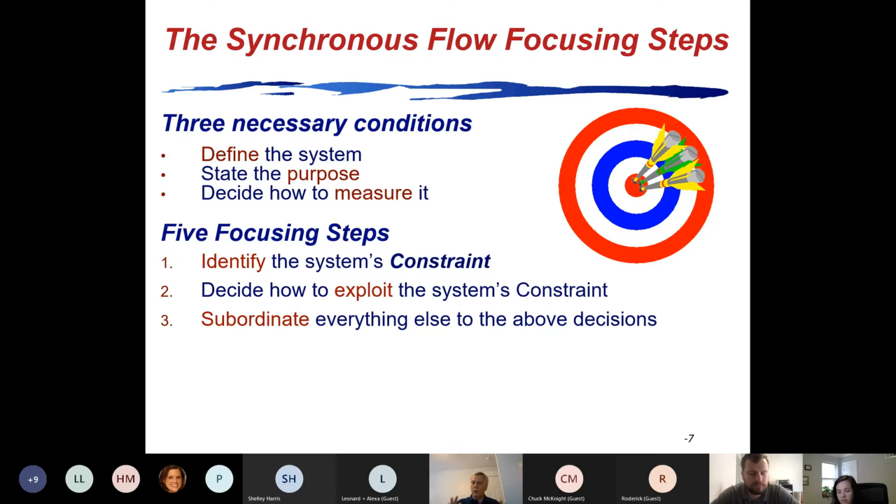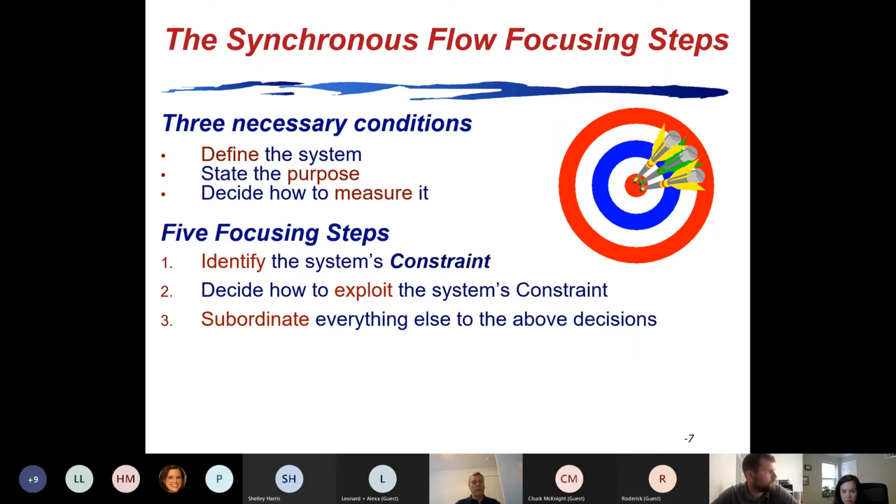So this is a whole different way to think, and it's much broader and deeper than this brief explanation here, but subordinating everything else means making sure that every other process step has as its goal to serve what the constraint needs when it needs it.